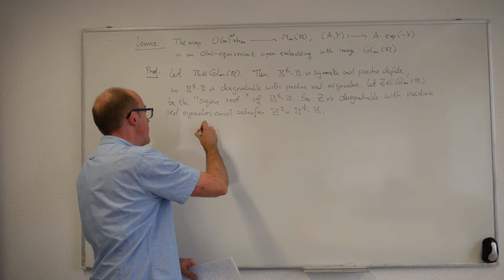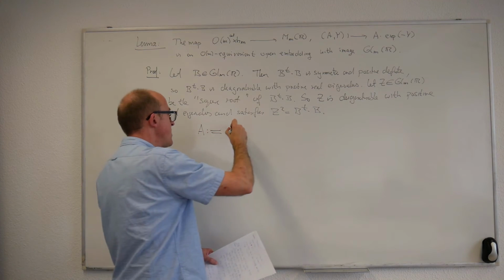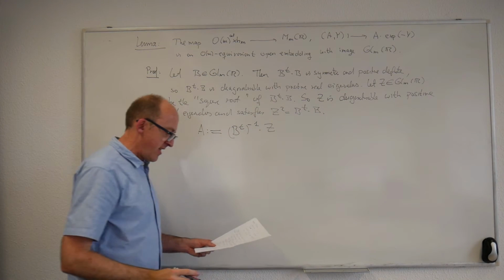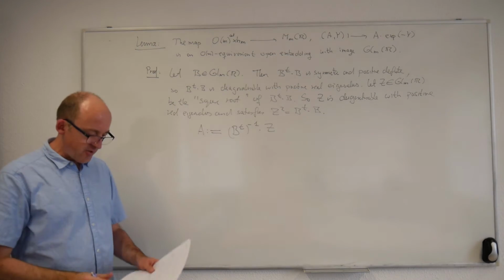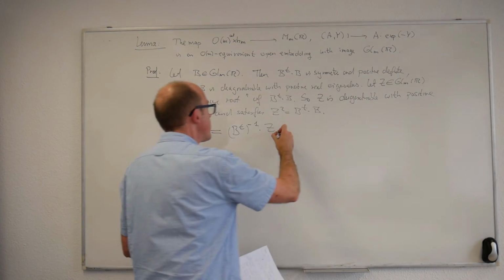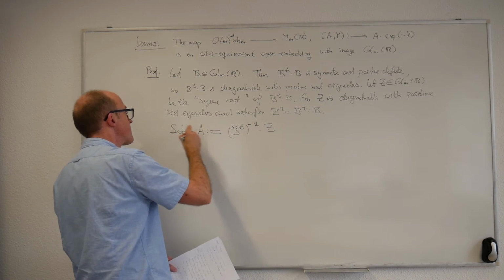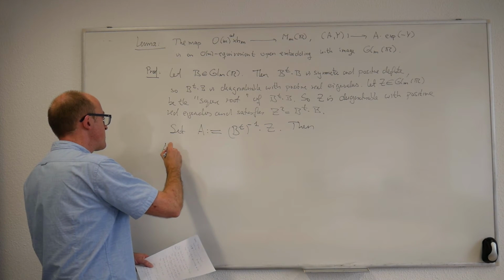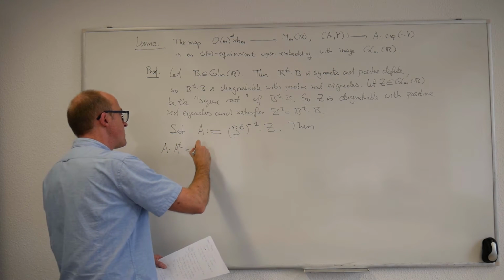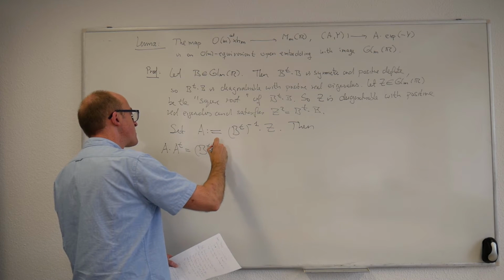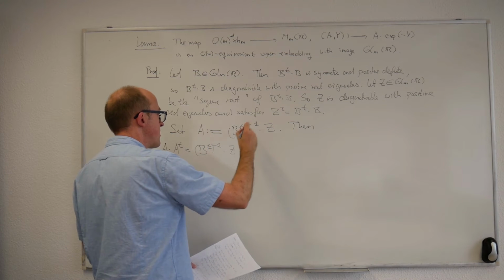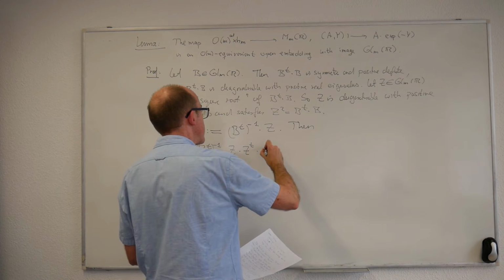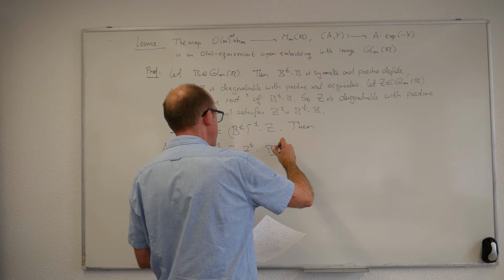Now we define our matrix A as B transpose inverse times Z, and I claim that this is in fact an orthogonal matrix, so let's do the simple calculation. So what is A times A transpose? Well, this is B transpose inverse times Z, and now the transpose of this, which is Z transpose times B inverse.